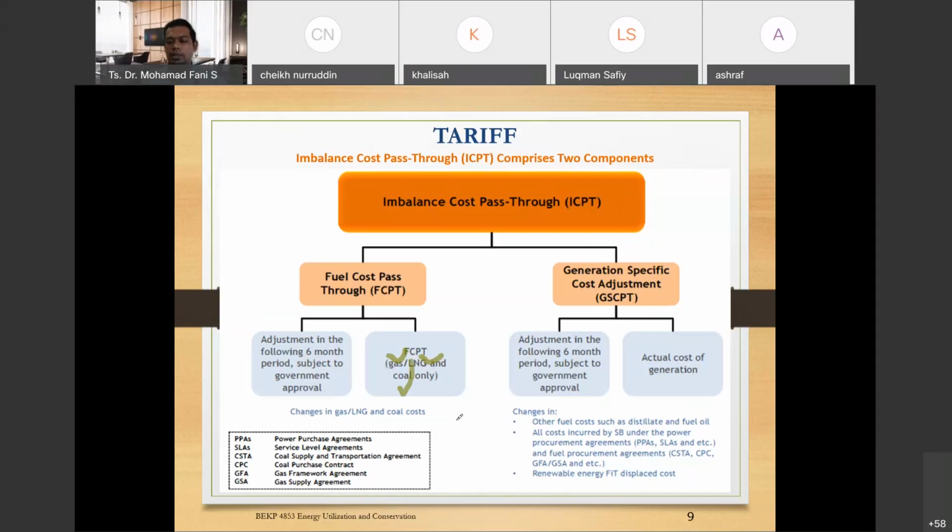If there is any change in the price compared to the forecasting one, they will adjust the following 6-month period for the ICPT tariff. So there are two tariffs: one is the base tariff, and the other is the ICPT tariff. And the generation cost adjustment is also based on the actual cost of the generation. Combining these two gives the tariff for the ICPT.